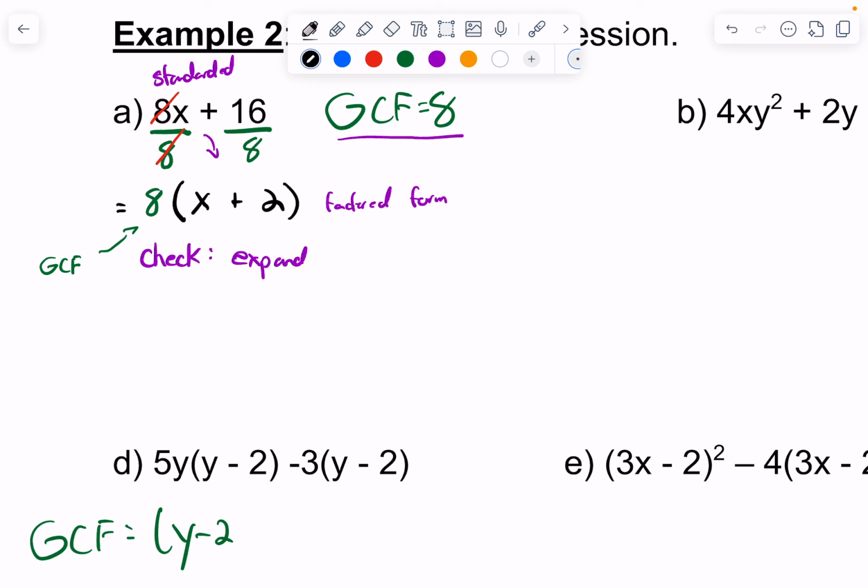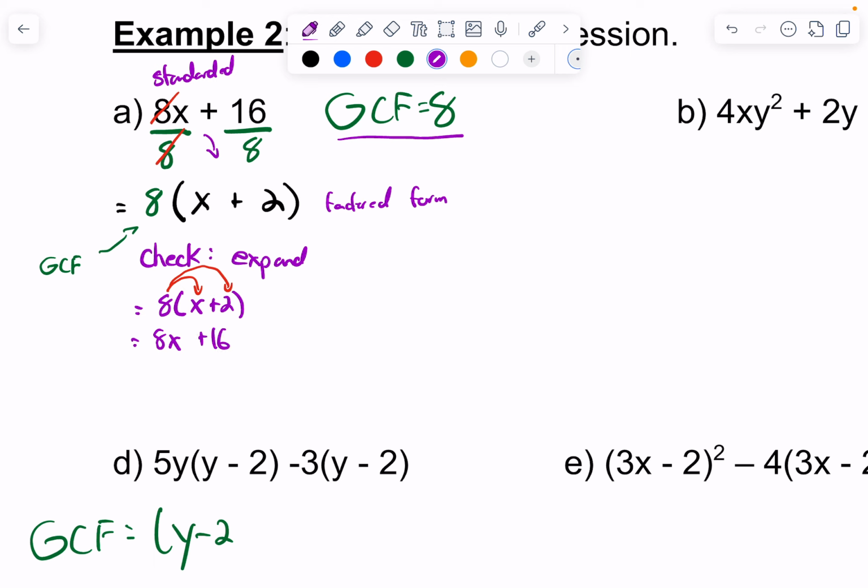So our answer, I'll do it in purple just so you know that we're done with the problem, but we're just going to check. So our answer was 8 times x plus 2. If we want to expand, remember you go 8 times that x, so here you would get 8x, and then that 8 times that 2, that would give you plus 16.